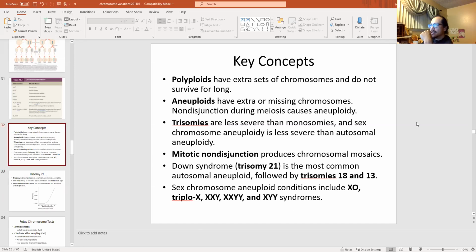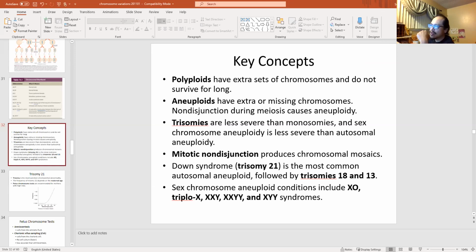So for all these conditions, if it's a sex condition, it usually affects the sex characteristics, but mentally it is not really affected very much compared to the trisomy.